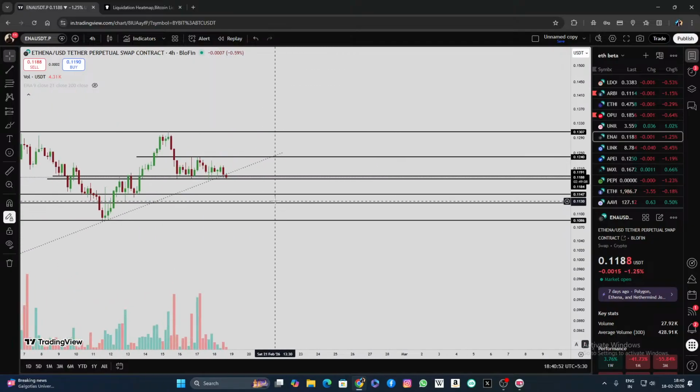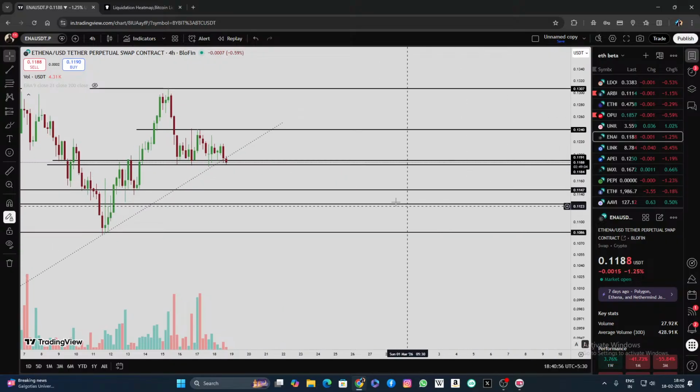Still it's at the support, but I would like to wait for, as you can see the last 4-hour candle didn't close below, so I will wait for a proper 4-hour candle close below the trend line or below the 0.1184 before taking any shot. For now I will wait on it.